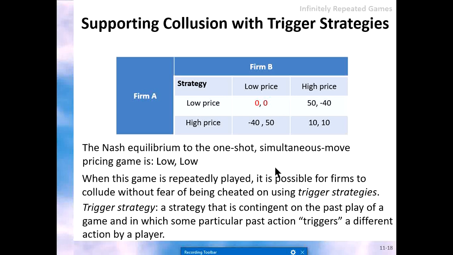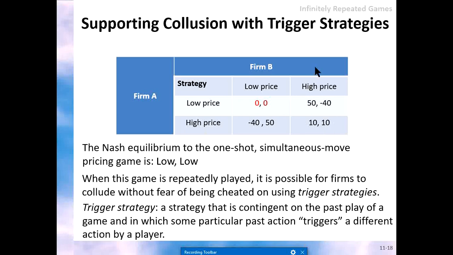Let's say from the beginning they agreed to charge high prices and continue playing multiple times. Then both of them will get 10 plus 10 plus 10 plus 10 plus 10 plus 10 plus 10. But if one player wants to cheat: in the first round both of them choose high, and he gets 10.